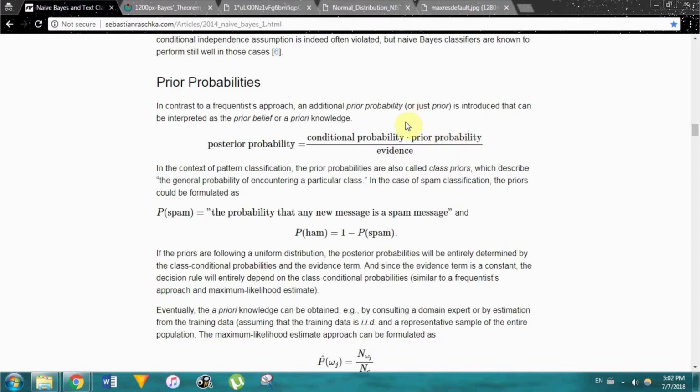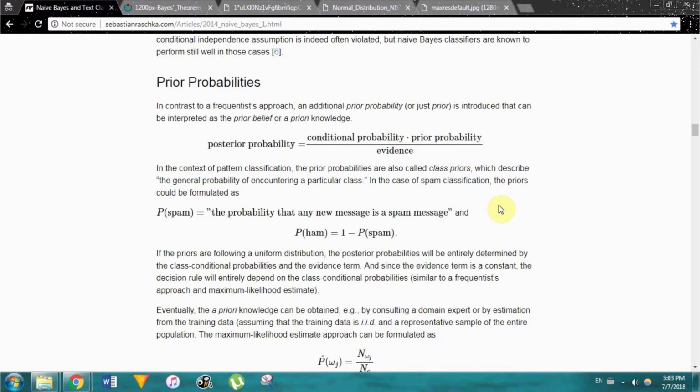It's senseless. So we can remove this, which means that we are left only with posterior probability equal to conditional probability. What that means is that the probability of a certain pattern to be part of a class will only depend on the probability of this pattern to be observed in this class, which makes sense, right?